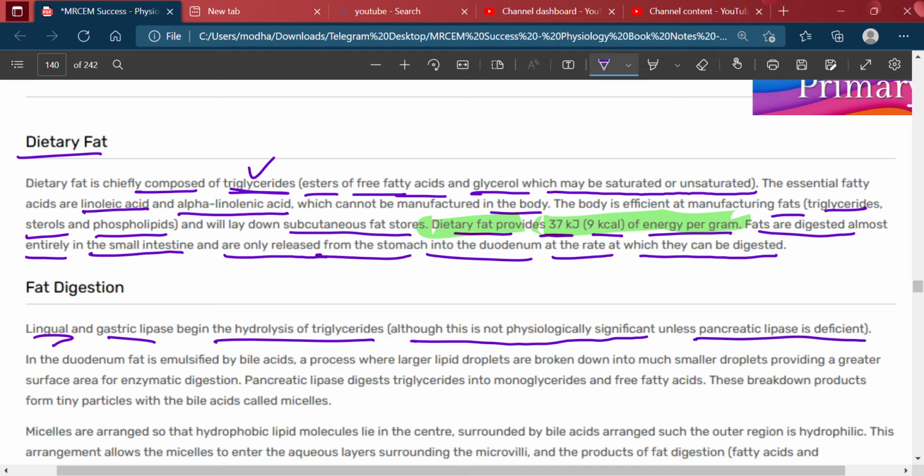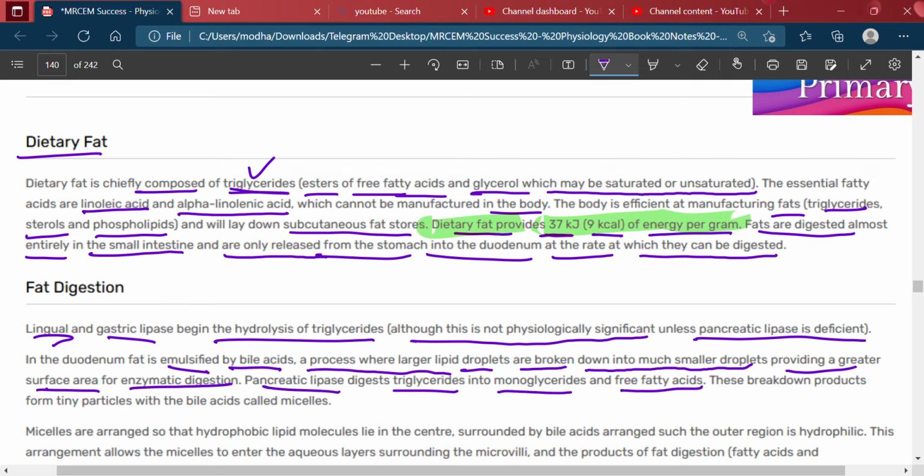In the duodenum, fat is emulsified by bile acids, a process where larger lipid droplets are broken down into much smaller droplets, providing a greater surface area for enzymatic digestion. Pancreatic lipase digests triglycerides into monoglyceride and free fatty acids.